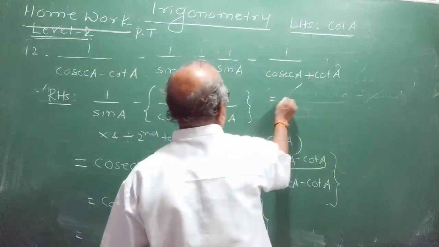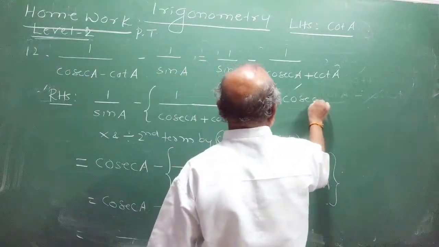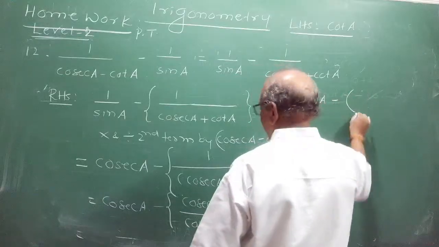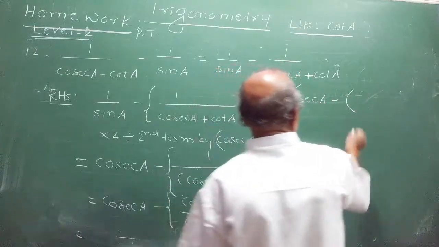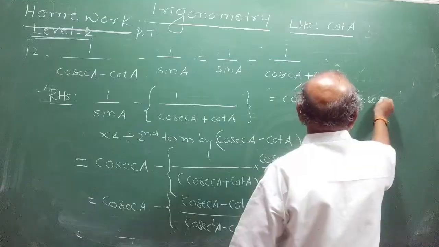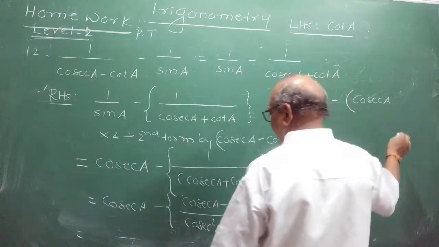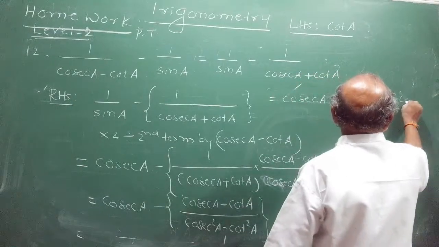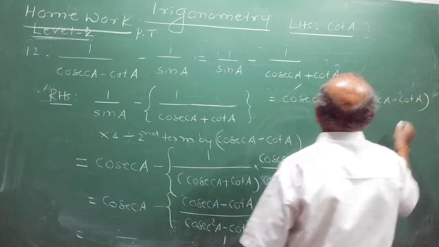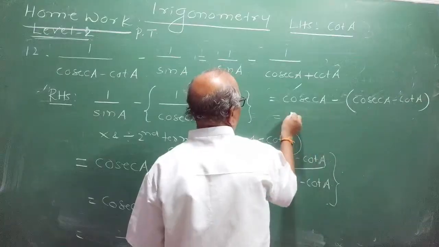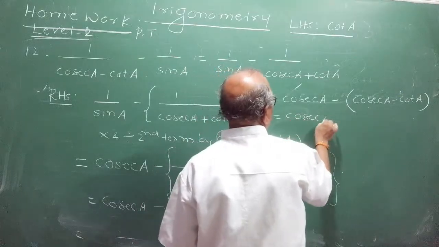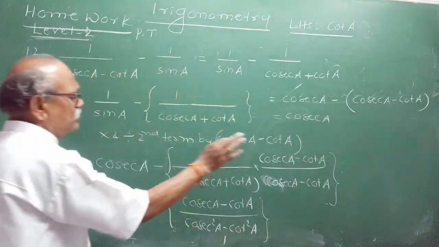Now I am left with what? Cosec A minus, in bracket, you can write only cosec A minus cot A because the denominator is 1. If there is 1, you can neglect it. Minus cot A. You are left with only this much. Now remove the bracket. Why I told you to use bracket? Many students carelessly use.